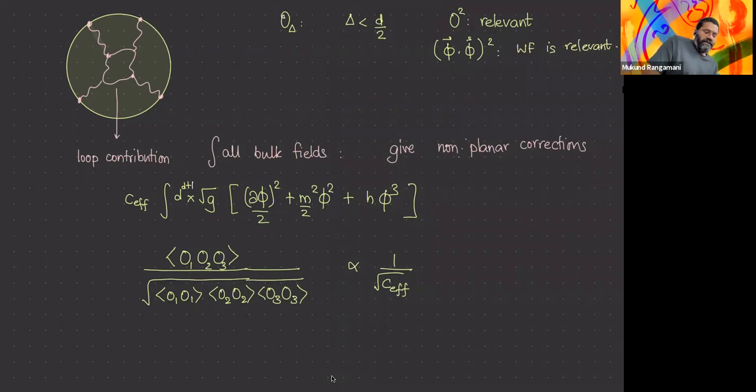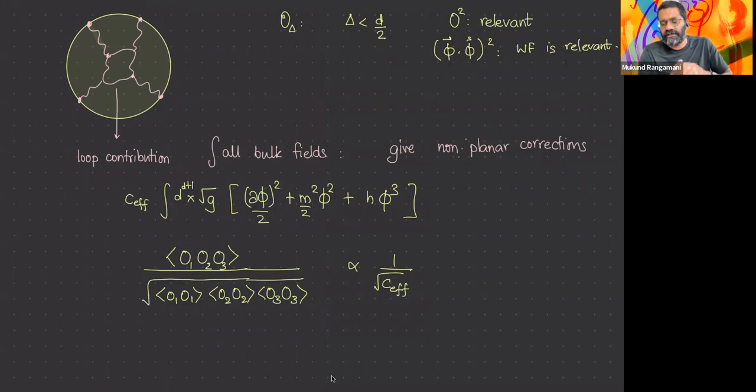If there's a field corresponding to O, then you may ask, what is the operator dual to this in the bulk? If I normal order, this is a new operator. This is a double trace operator. Now, if you think of canonical quantizing, the single trace operators correspond to a field, and the field creates a particle.